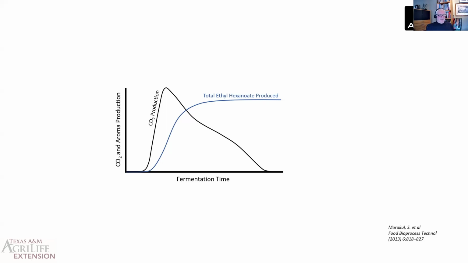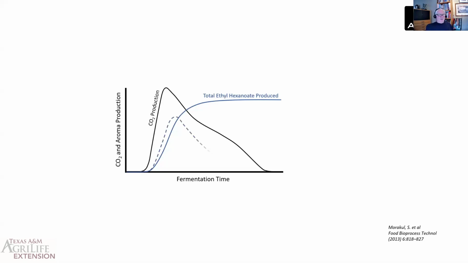So ethanol builds up inside the yeast cell, and then when it reaches a certain concentration, it can then diffuse to the outside of the cell into the liquid of the wine, or it can be used from inside the cell to produce aroma compounds. So the lag phase is simply the result of requiring one of the substrates for ethyl hexanoate to be available, and that is ethanol.